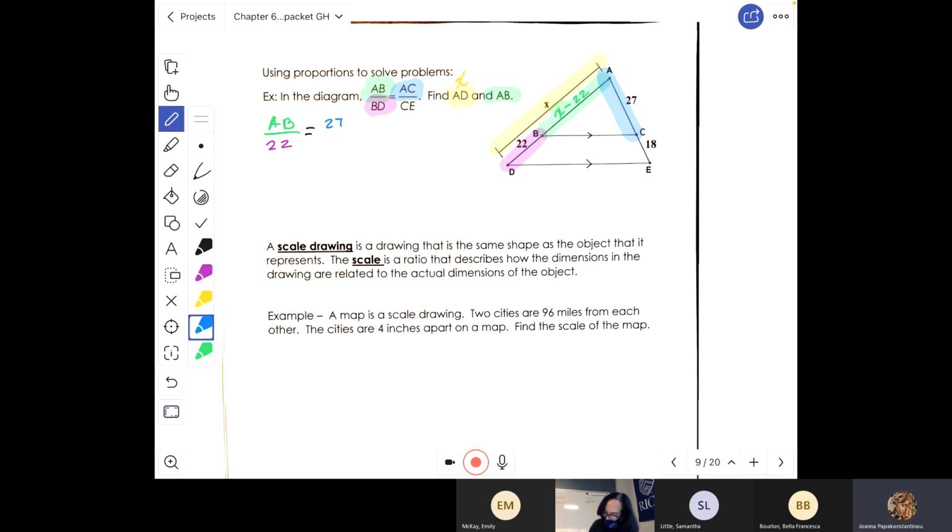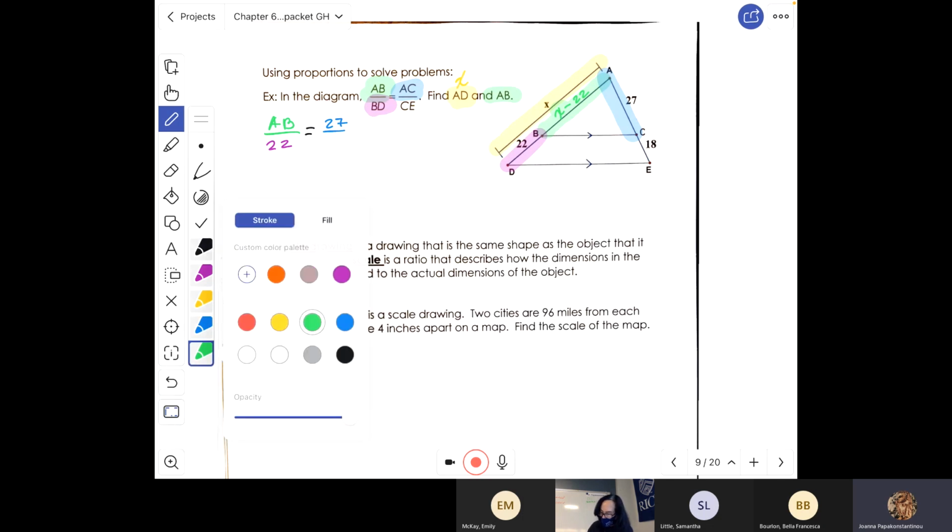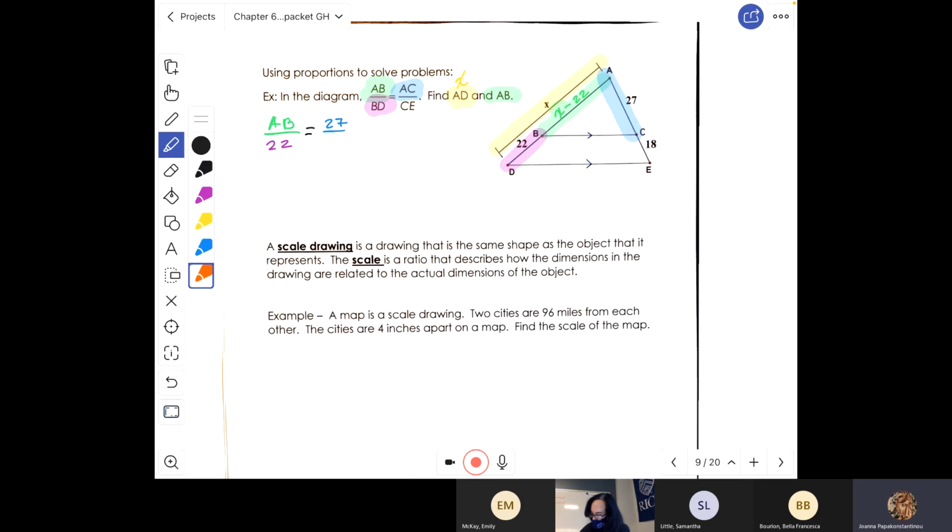I'm just substituting in the values I know from the diagram, over CE, which is 18. Can everybody get that proportion from the diagram and the given information?